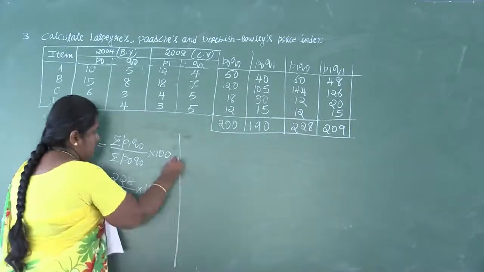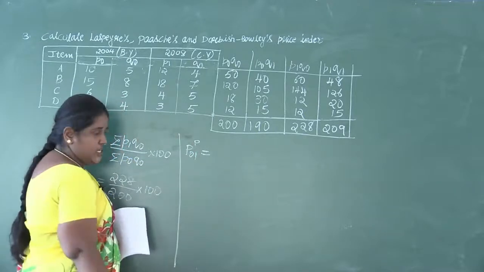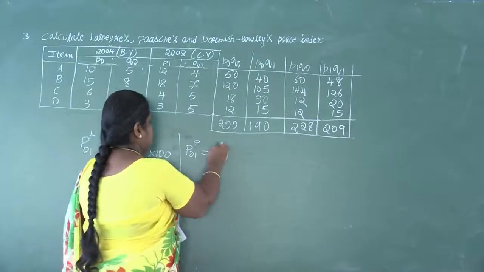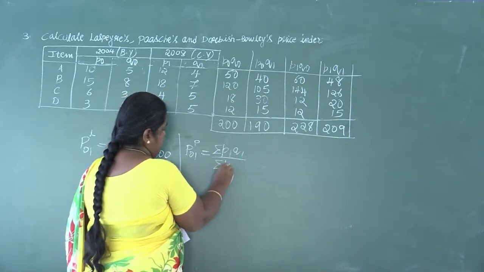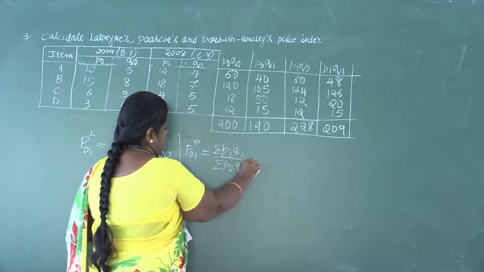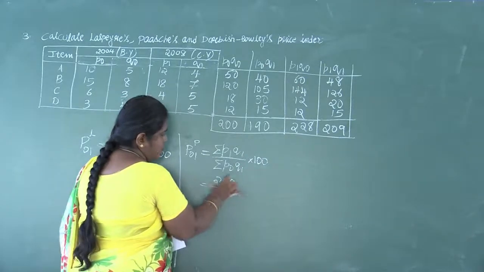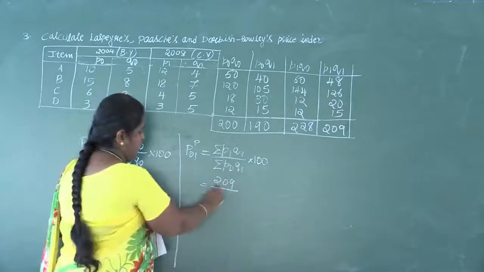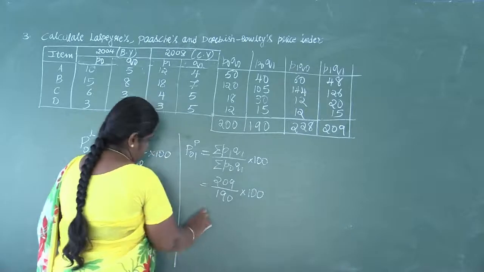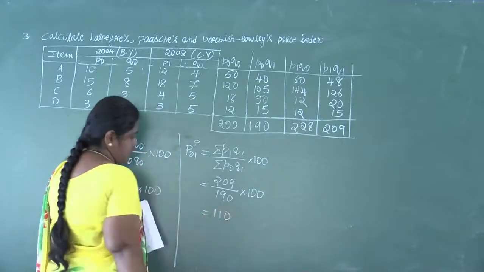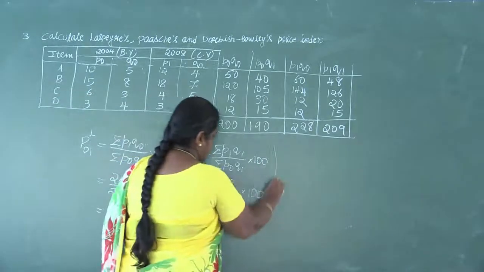Then the second one, Paasche's price index number. So P01P is sigma P1 Q1 divided by sigma P0 Q1 into 100. So P1 Q1 is 209, P0 Q1 is 190 into 100. We'll get 110, that is 209 divided by 190 into 100 is 110.